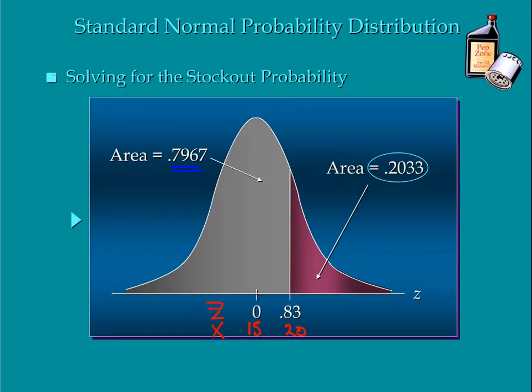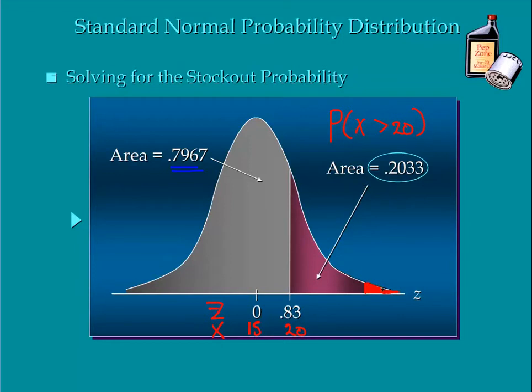We found the probability of x greater than 20 to be 0.2033.